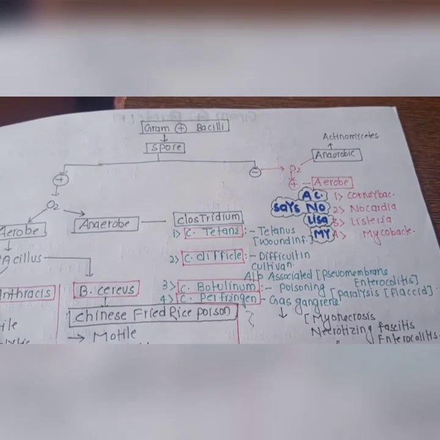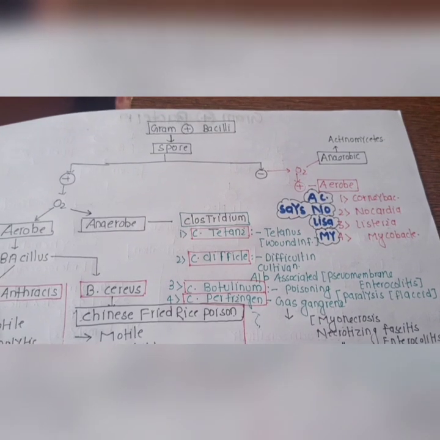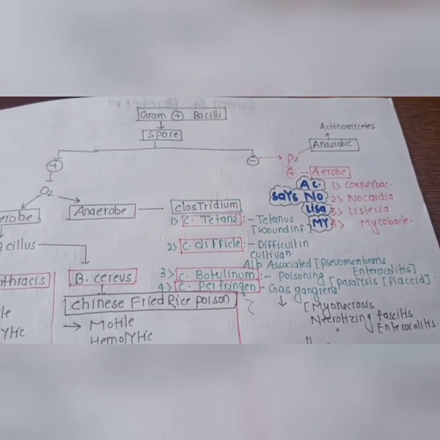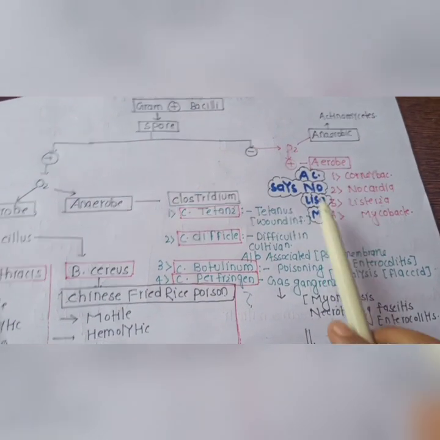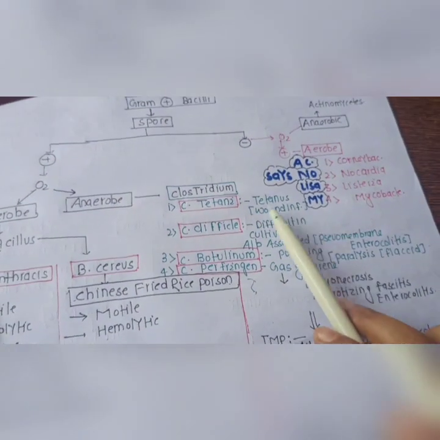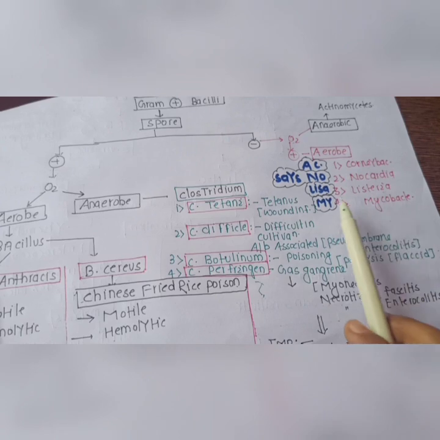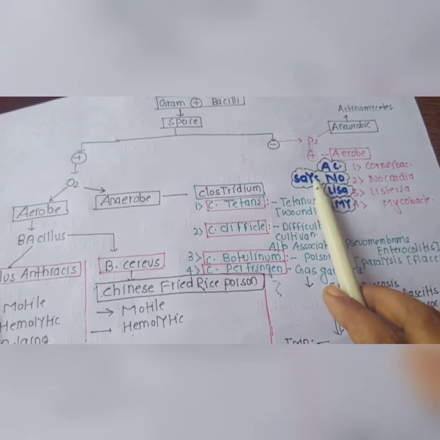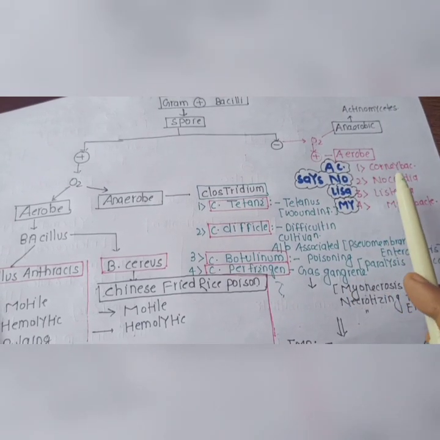How will you remember the non-spore-forming aerobic gram-positive bacilli? The mnemonic is Lisa says no AC: Mycobacterium, Lisa, Listeria, no Nocardia, AC, A for aerobic, C for Corynebacterium.